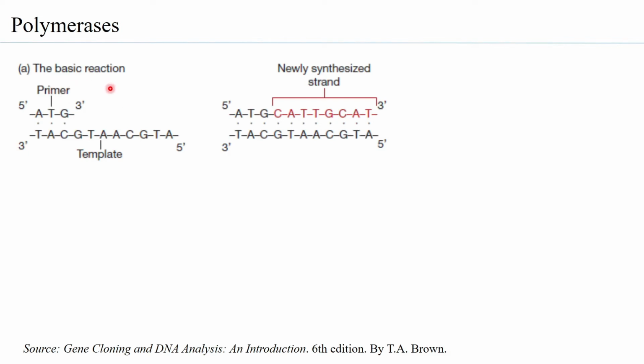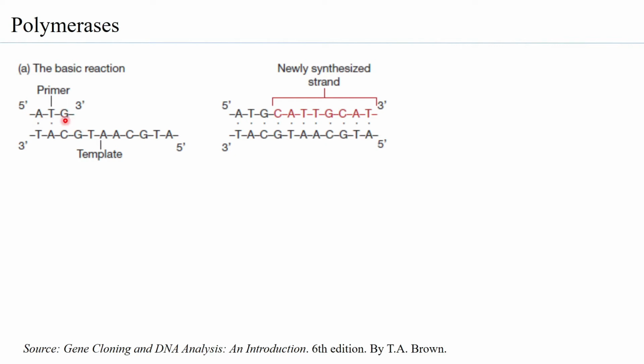So the basic reaction of the polymerases is that if it has a template, it will read the template 3' to 5' and use a primer, so it cannot ever initiate synthesis on its own. It needs an existing platform to which it can add nucleotides. So it should always have a 3' OH end, and that is provided by the primer.